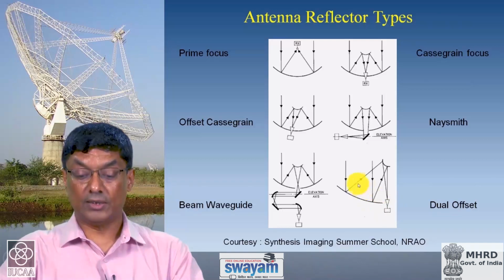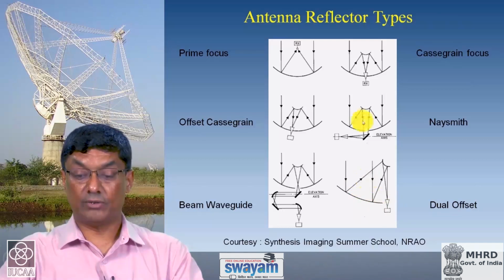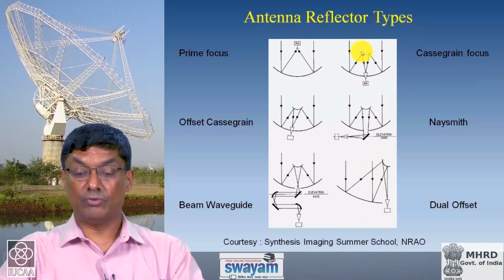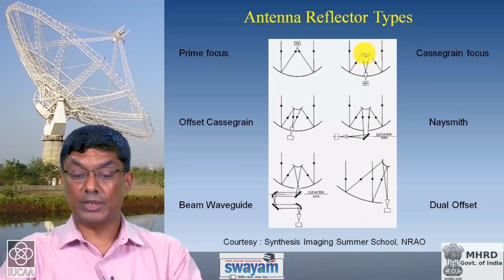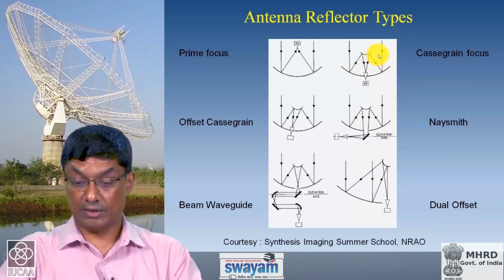And you can ask, what is the advantage of doing something like this compared to the Cassegrain or the prime focus, and that is what is called blockage. So, if you have something which is above the reflector, then it blocks some of the incoming radiation, the plane wave coming in, and you lose a little bit of the sensitivity, and you also get some amount of corruption or distortion of the beam shape, because there is a non-uniform illumination by the incoming electromagnetic wavefront.